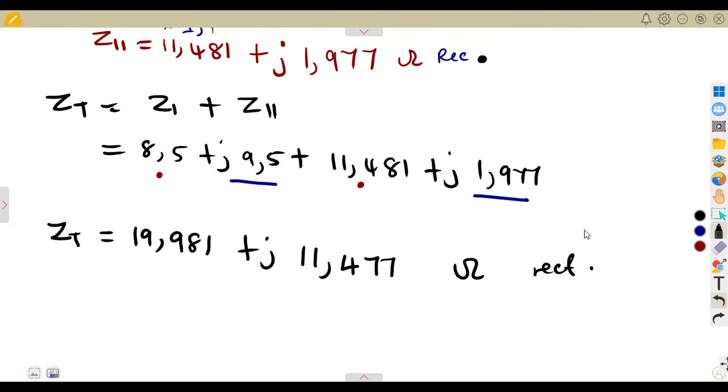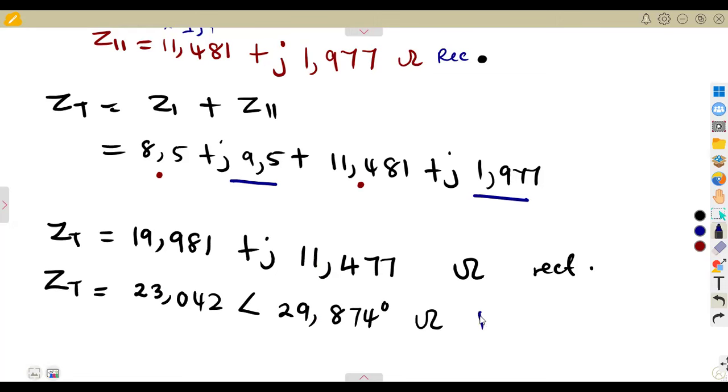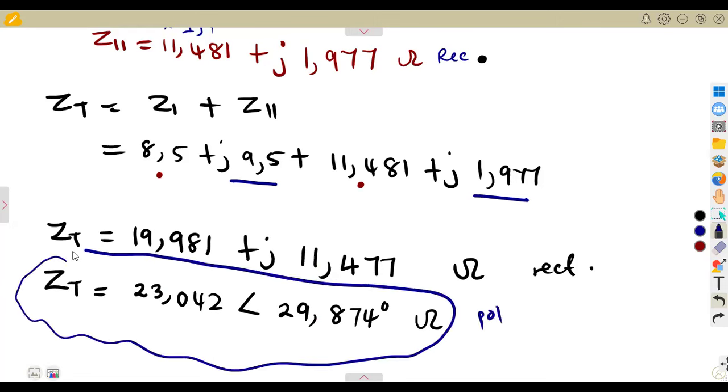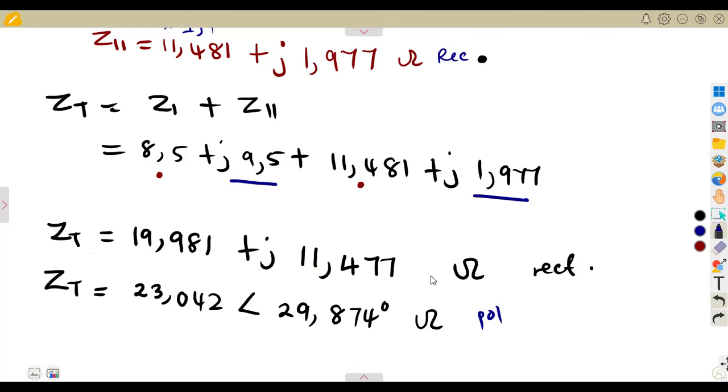I talked about converting also to polar form. So shift polar form, you convert to polar form. This was going to be 23.042. Then the angle was going to be 29.874 degrees. So this is your polar form if you want to write in polar form. In this case, you were not forced to write this in rectangular or polar form.